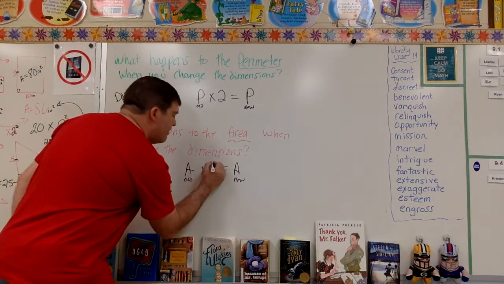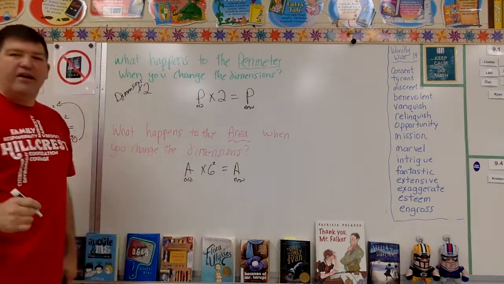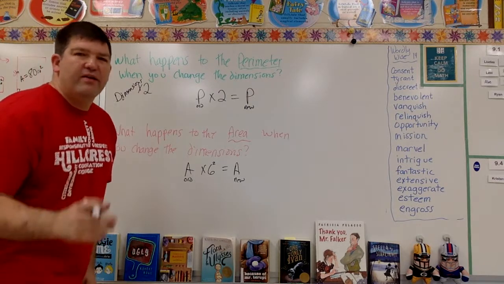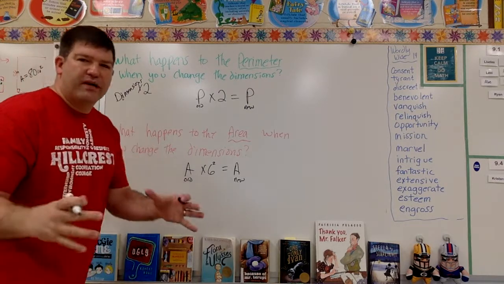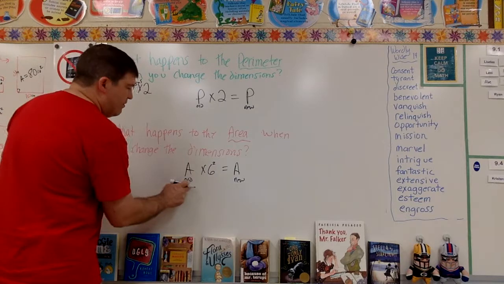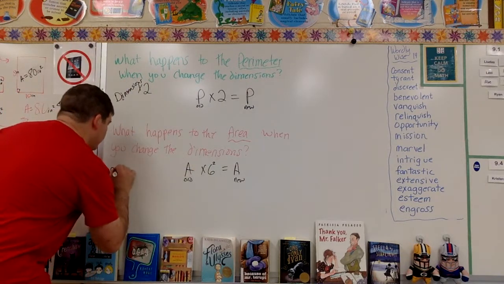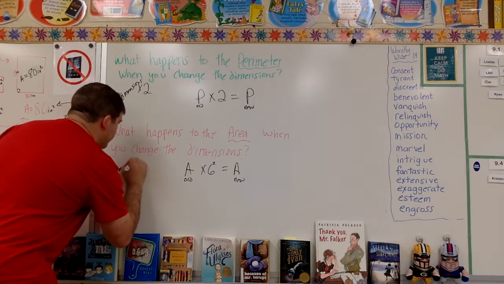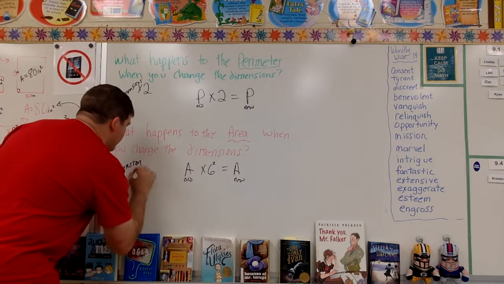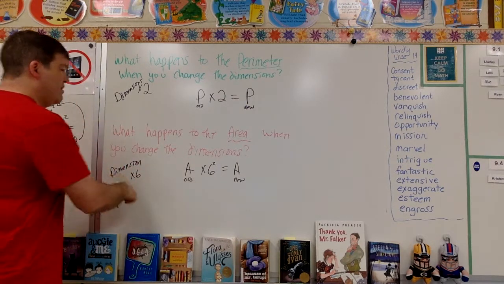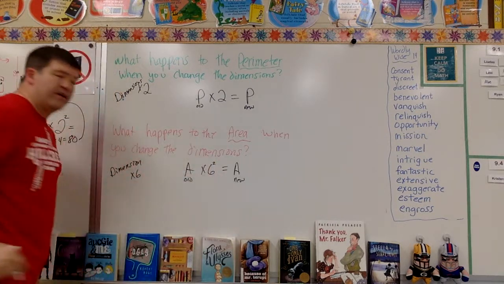But because you're doing area, area is always squared. When you're thinking of area, you gotta think of squares. So it's the old times whatever you change to the dimensions. So dimensions times 6, then you're going to do it times 6 squared.